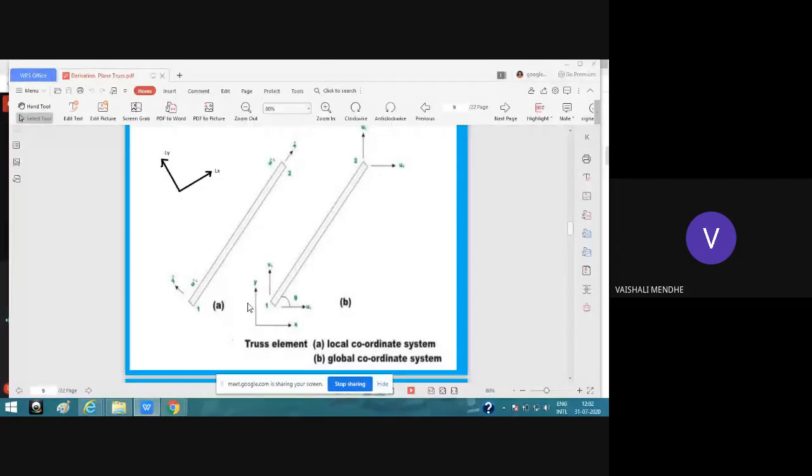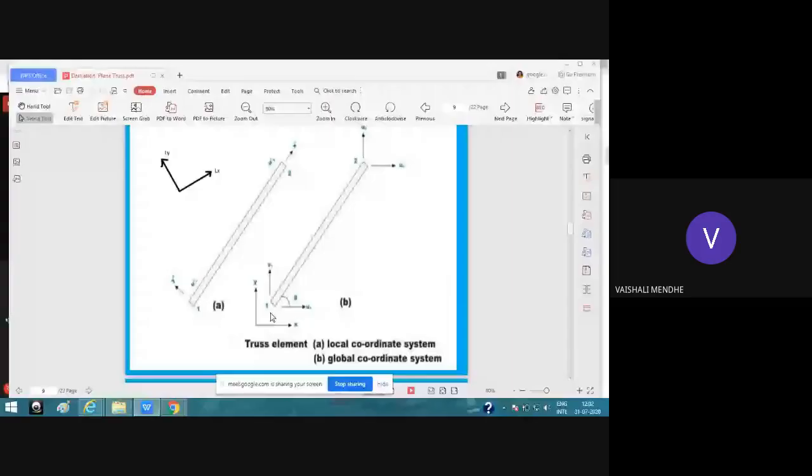Okay, in this figure, you can see this Lx Ly, which shows you the local coordinate system, and here you can see this x and y, which shows you the global coordinate system.